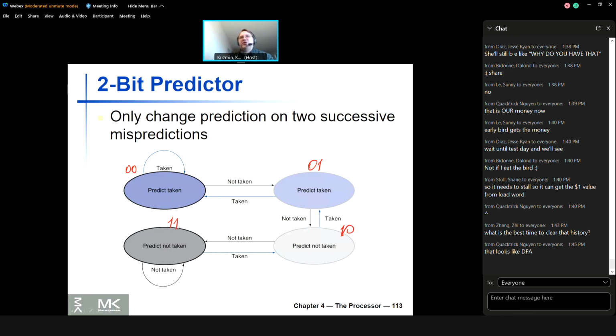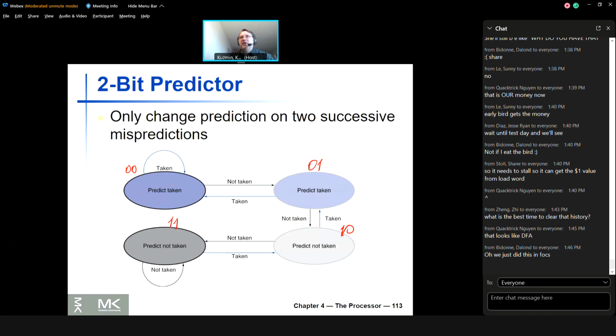So we need just 2 bits to encode all those states, and you see how this method is much better.